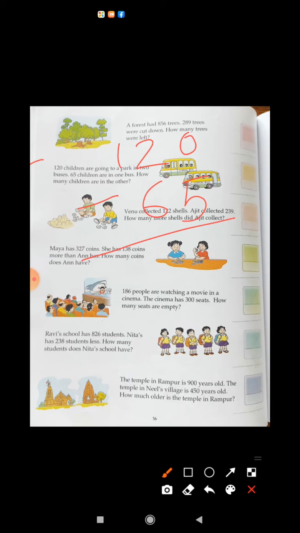Now subtract the ones. 0 is less than 5. Take borrow from here. Here will be 10 and here 1 remaining. 10 minus 5 is 5. Here 11 minus 6 is 5. The answer is 55. 55 children are in the other bus.